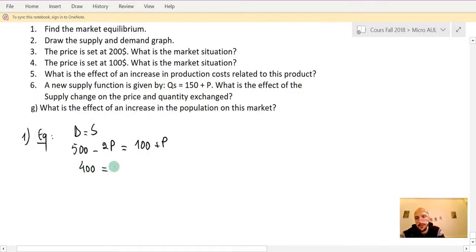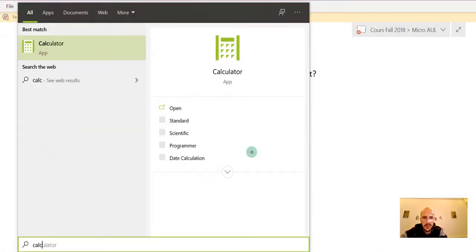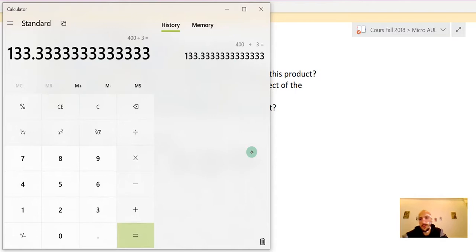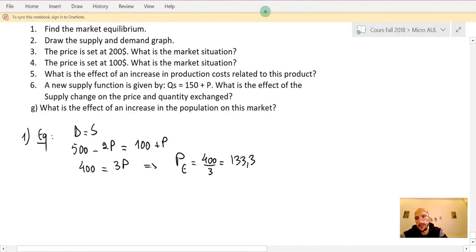So again, taking the 100 to the other side, we get 400 equals 3p, if I'm not mistaken. So the price at equilibrium is 400 over 3, approximately 133.3. Okay, let's just check. 400 over 3, yes, 133.